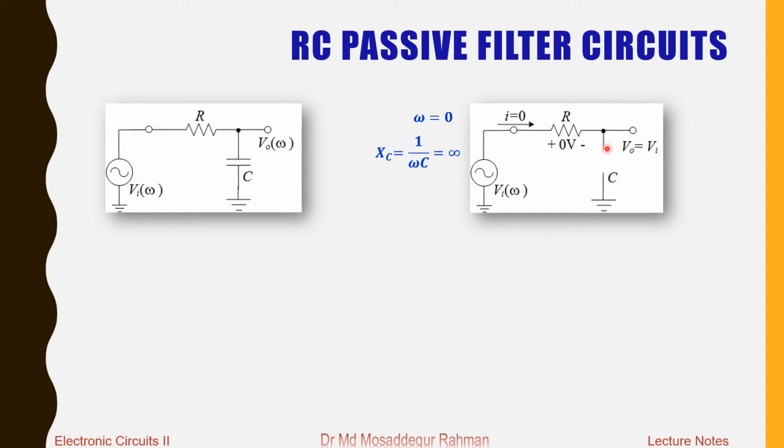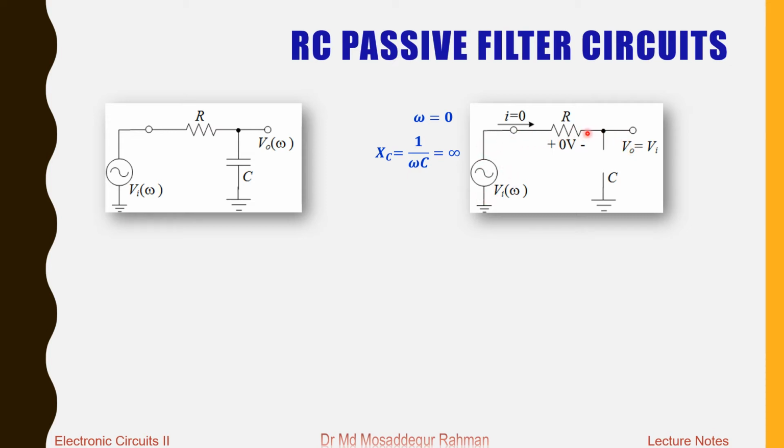This is shown in the diagram, the capacitor is open, and as long as the capacitor is open, there will be no current flowing, and as long as there is no current flow in the circuit, there will be no voltage drop across the resistor R. So V0, the output voltage here, will be the same as Vi.